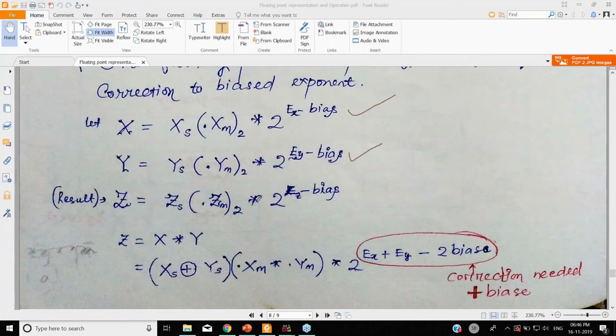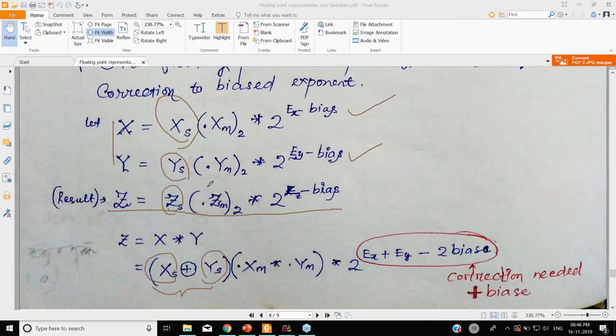This is its representation, and you want to find out the result of multiplication of these two values x and y. So how do you multiply that? You take the sign bit of x, just take the sign bit of y and XOR them, so that we can find the resultant sign bit of ZS.